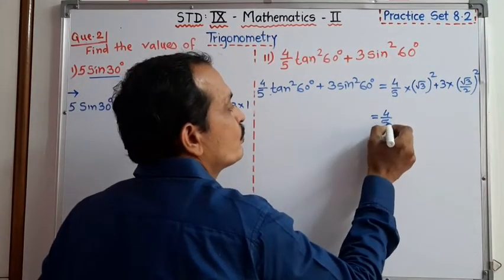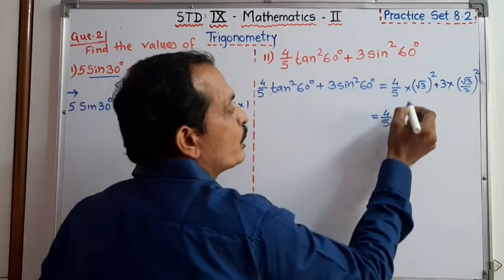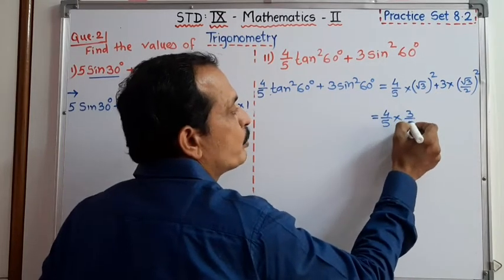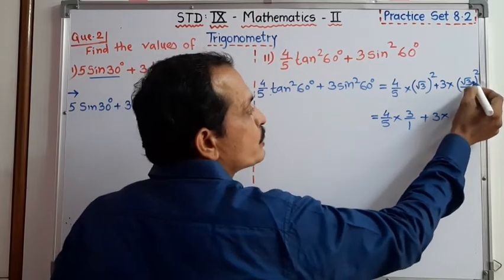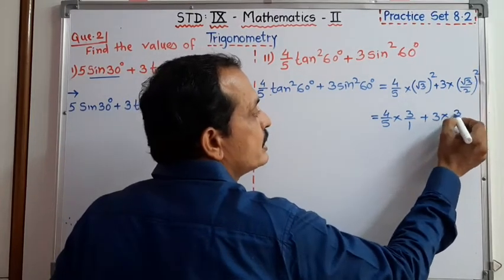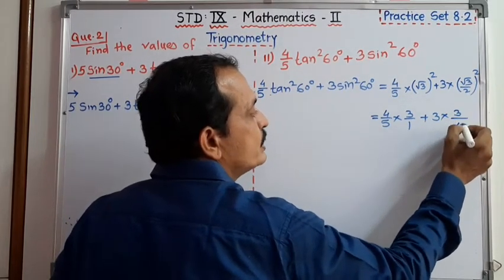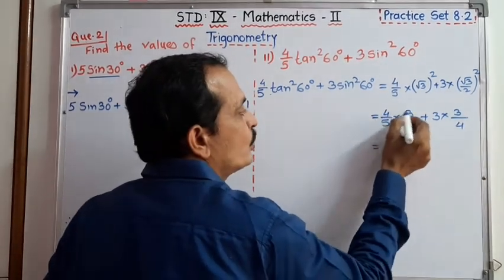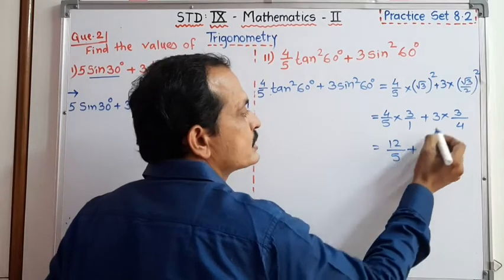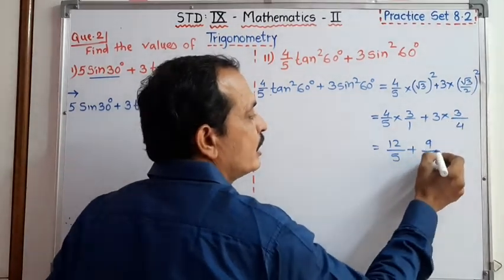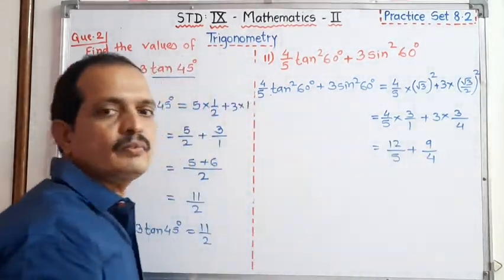Now 4 upon 5 into the square of root 3, it is 3 upon 1, plus 3 into the square of root 3, it is 3, and the square of 2, it is 4. Now 4 threes are 12 and 5 ones are 5, plus 3 threes are 9 upon 4. Got it?